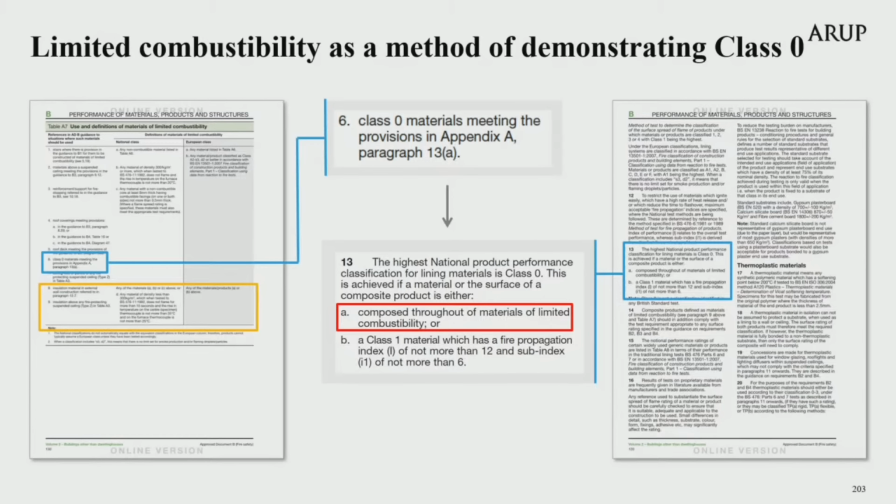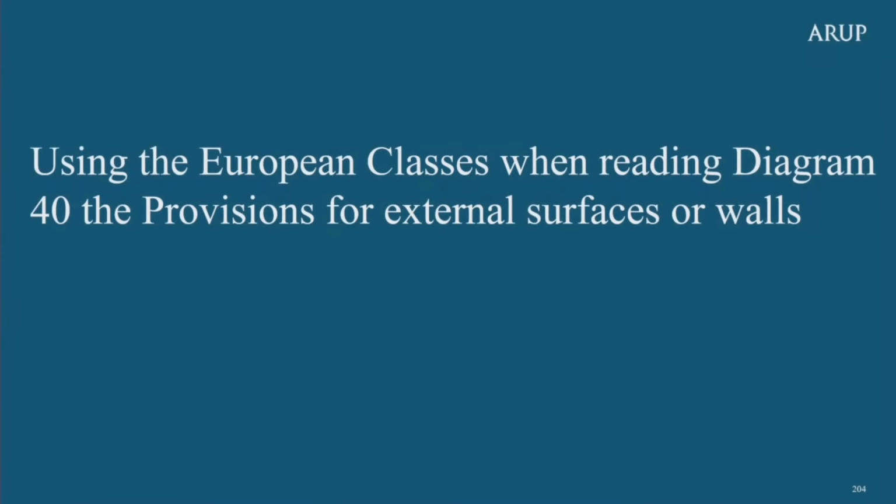Class 0 materials meeting the provisions in Appendix A, paragraph 13A, state, if a material or the surface of a composite product is one of two performances, again the first being composed throughout of materials of limited combustibility, and that means class A2, S3D2, or better, as I have just described. It's essential to be aware this is not in the insulation row in table A7. But I want to discuss diagram 40 when considering the European classes.